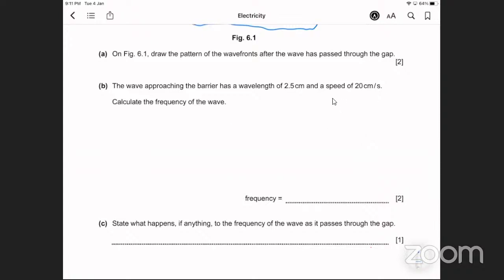Here we have the wavelength as 2.5 centimeters. Immediately, please convert these into SI units. We've got the speed as well as 20 centimeters per second. We also need to convert this. So when I convert 2.5 centimeters into meters, what do I get?